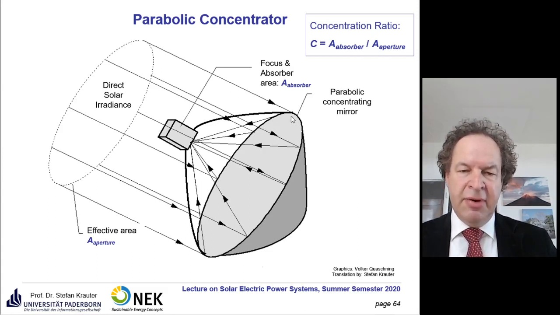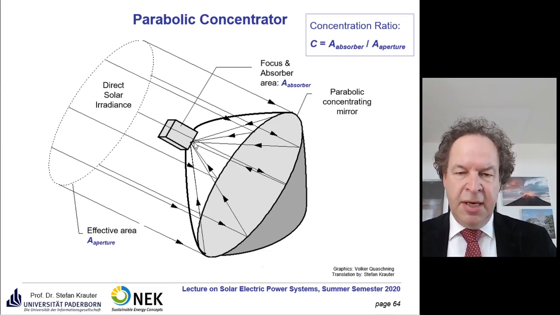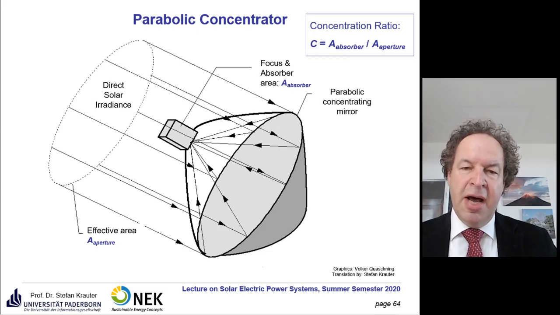The irradiance is then reflected onto the focus area here. The absorber area could be a point or could be an area, and according to that we have the concentration ratio, which is the absorber area divided by the aperture area.